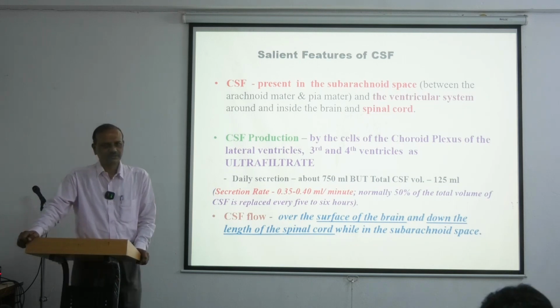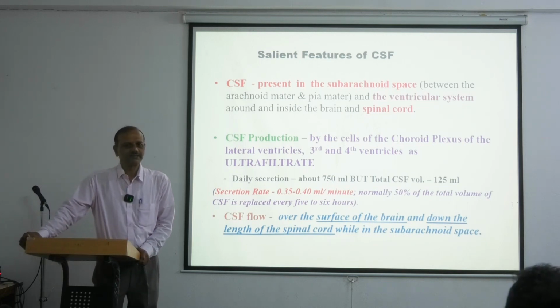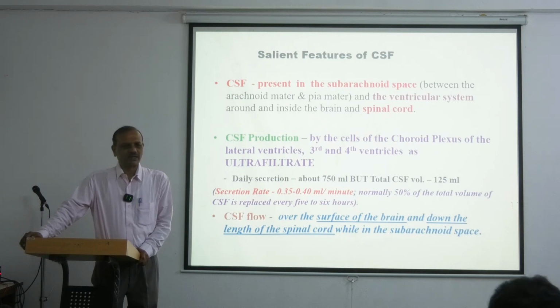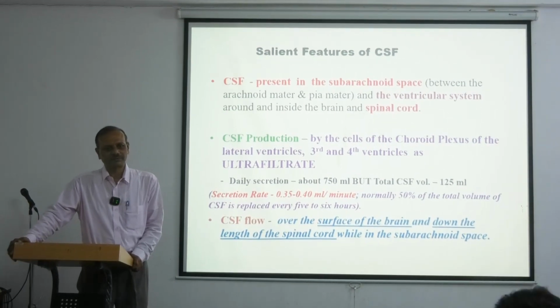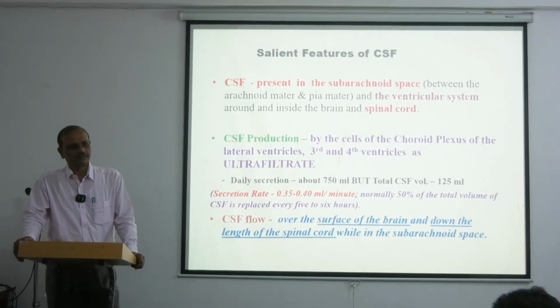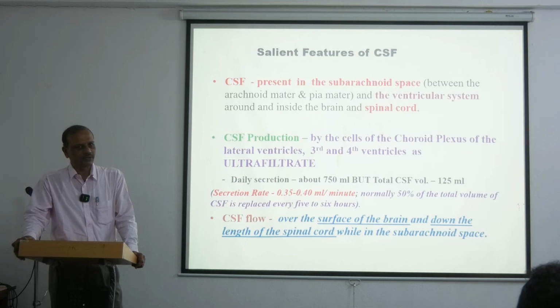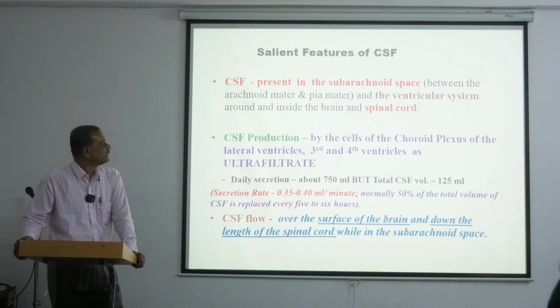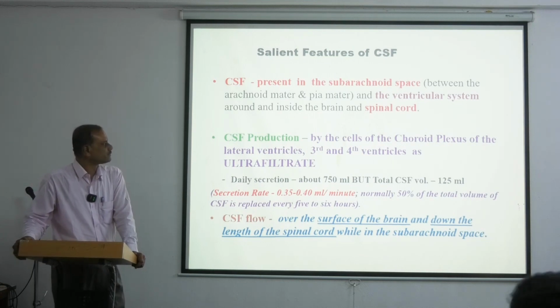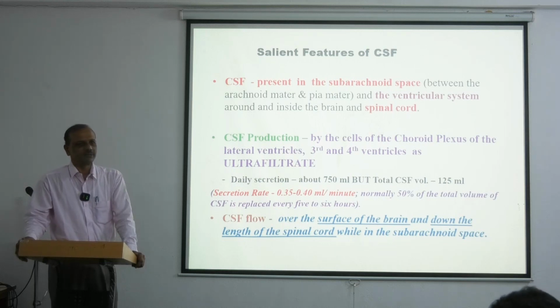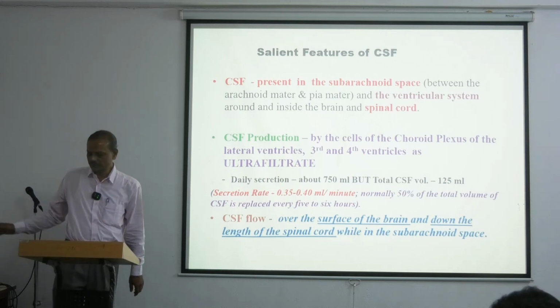There are cisterns also, there are sulci, and the spinal canal. Within the spinal cord there is a spinal canal. That canal is also filled by cerebrospinal fluid, and on the outside it is present within the subarachnoid space. The ventricular system means all these four ventricles.